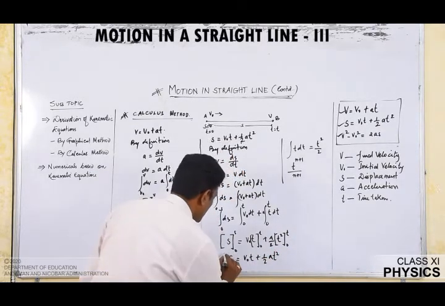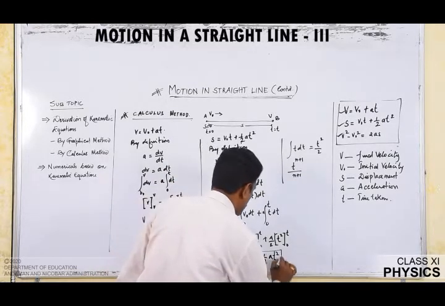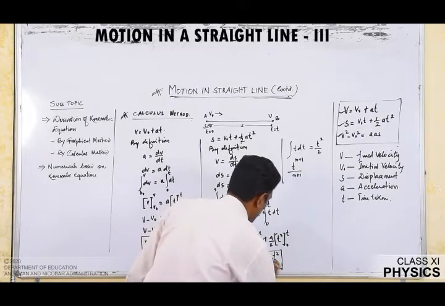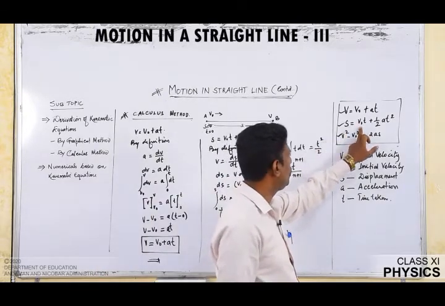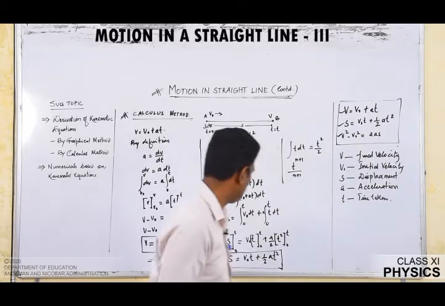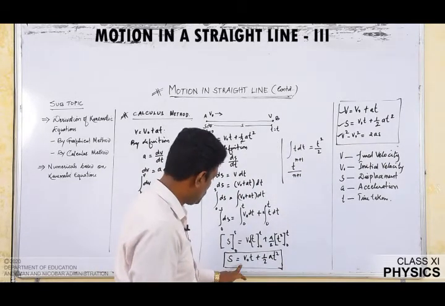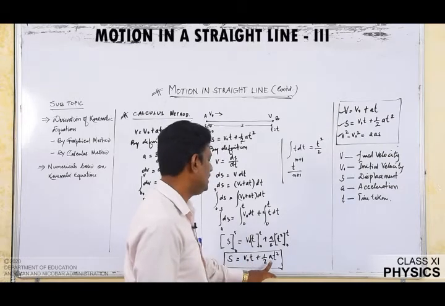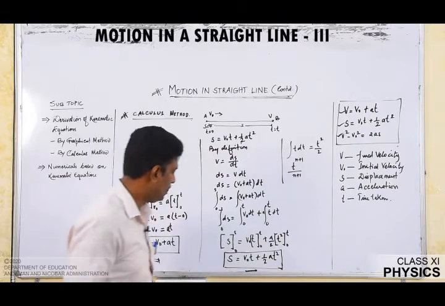So, we can write s is equal to v naught t plus half a t square. Hence, we arrived at the second equation, that is S is equal to V naught t plus half a t square. In this equation, we are dealing with the displacement, initial velocity, time and the acceleration. This gives the displacement equation.